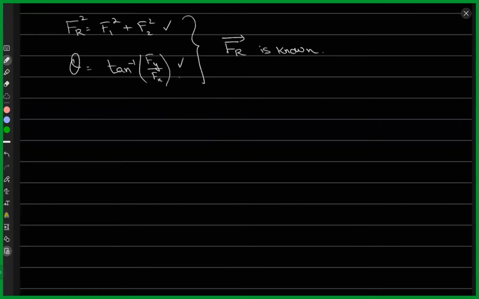Okay, all right. Well, we'll have to consider this triangle again, where, for example, suppose this is F1, right? And you apply some F2 in this direction. Now, how do we add these vectors?